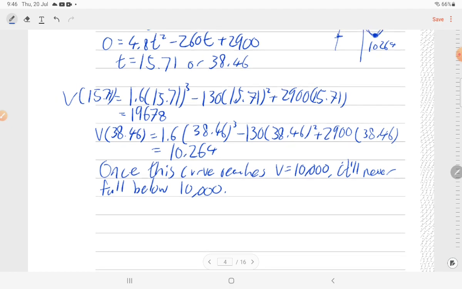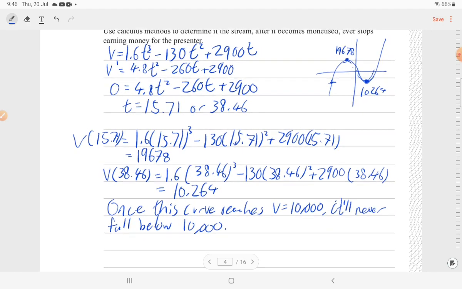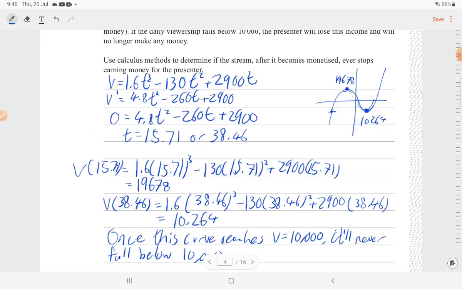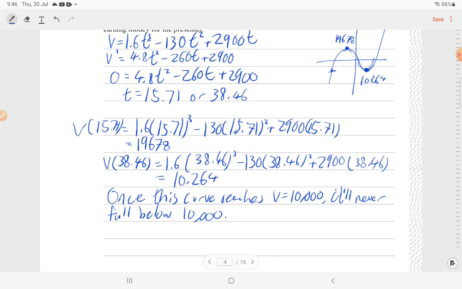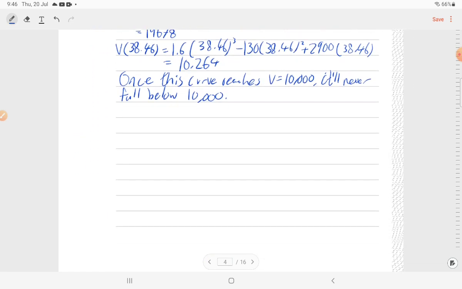And yes, you might want to include when it is increasing or decreasing, but on the marking schedule it says this will be fine.